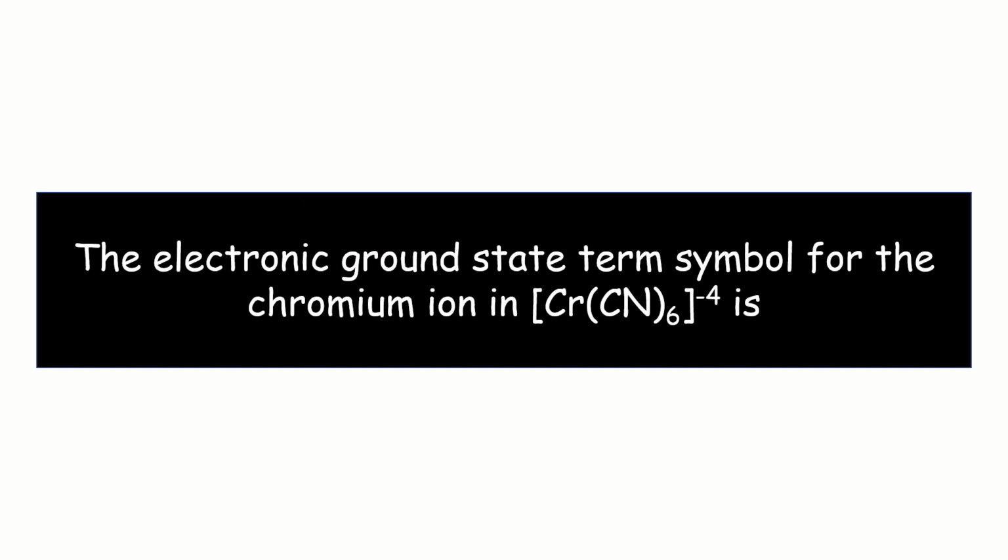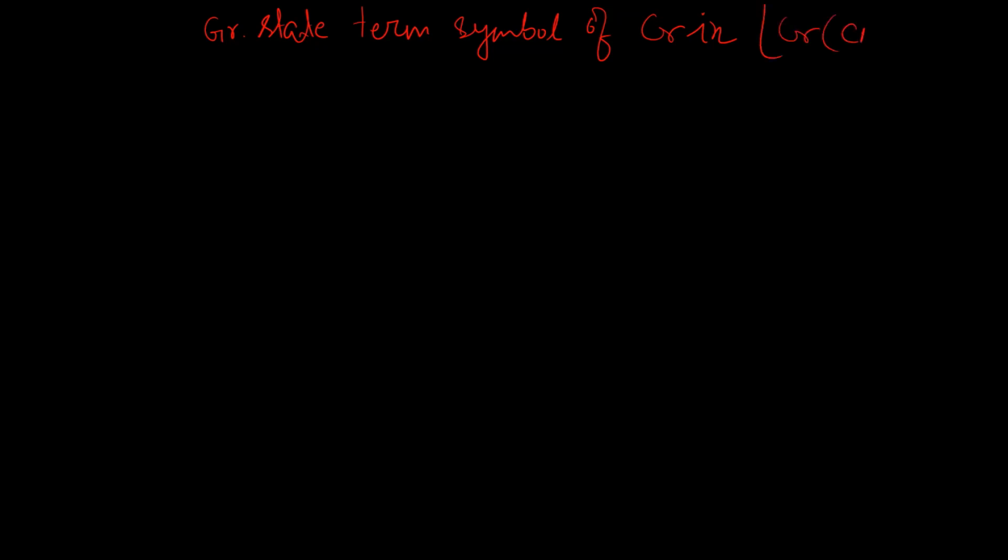Okay. Another very important question is: what is the electronic ground state term symbol for the chromium ion? It is quite interesting. We are going to determine the ground state term symbol of chromium in this complex. What is the complex? [Cr(CN)6] minus 4. So this is a bit different from what we have already discussed.